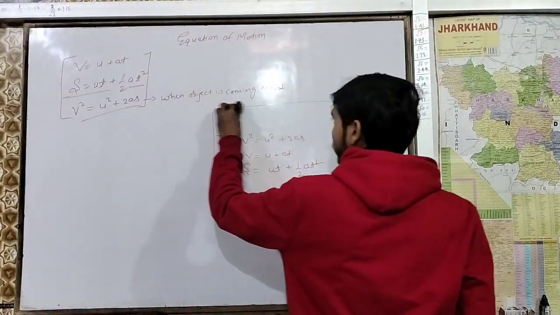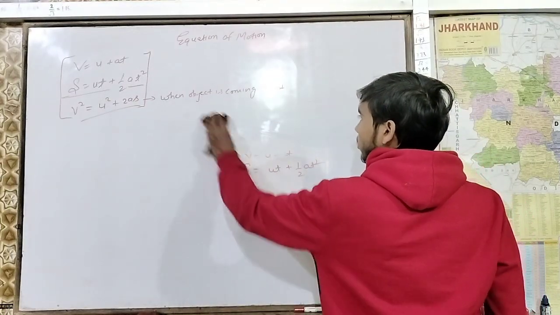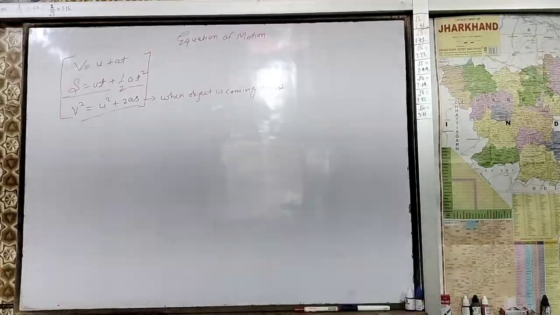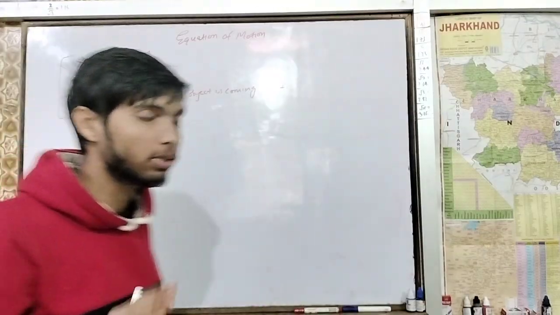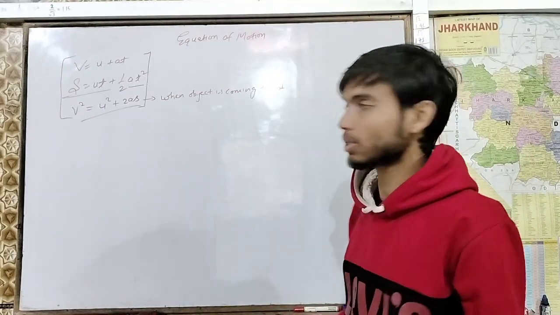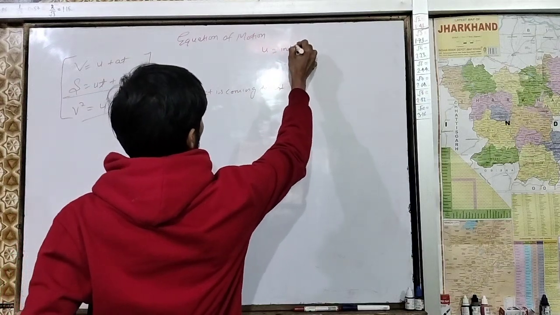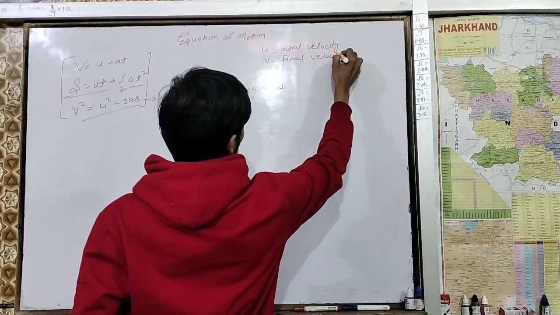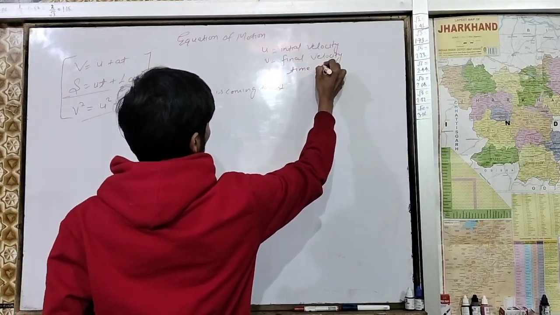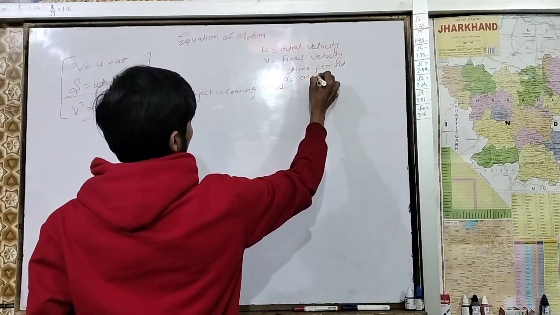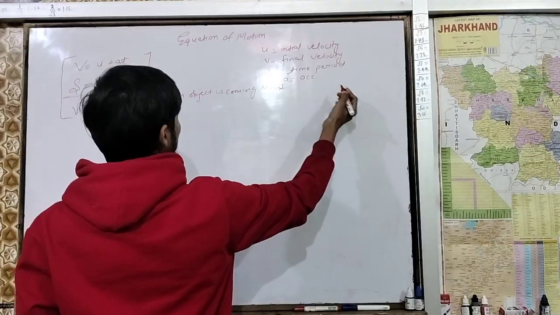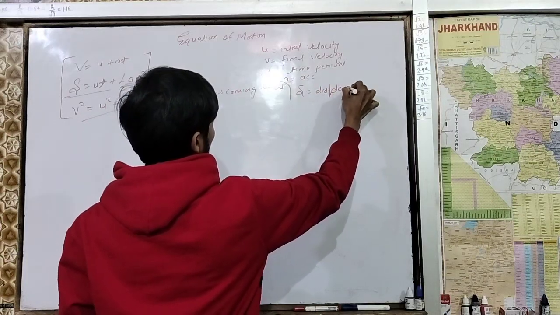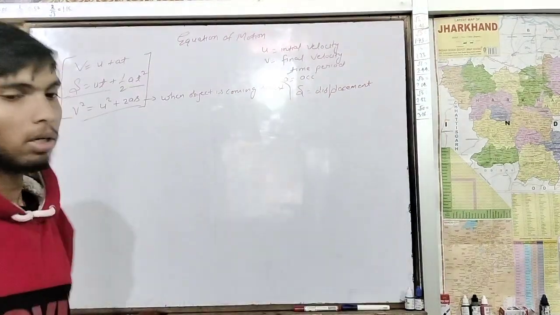Apart from these three equations, there are more, like the equation for the nth second. In these, we have some variables: u, v, a, t, s. u is your initial velocity, v is your final velocity, t is your time period, a is your acceleration, and s is your displacement.